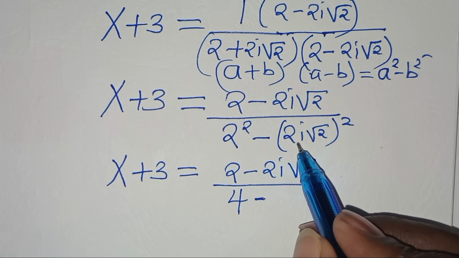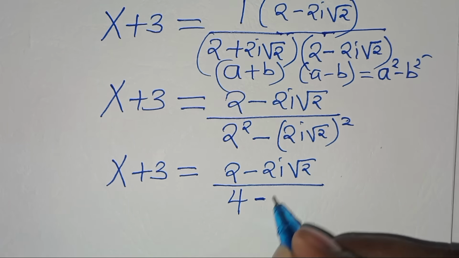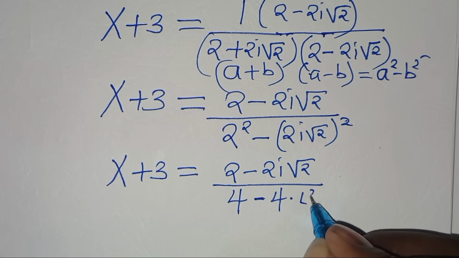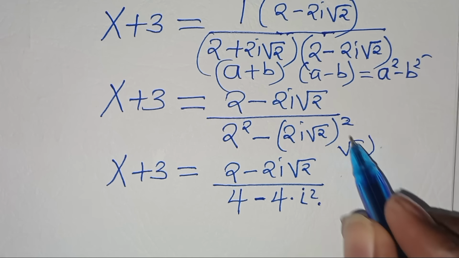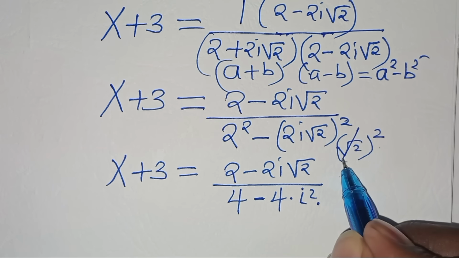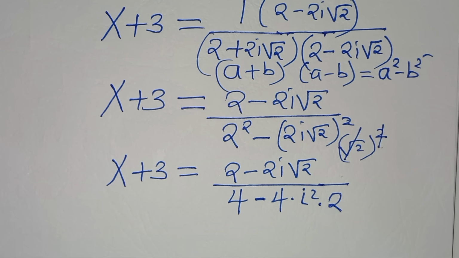Subtract, now here we have 2i square root of 2 to the power of 2. So this is 2 squared, which is 4, times i squared, then times square root of 2 to the power of 2. This means we eliminate the square root sign, so here we have multiplied by 2.